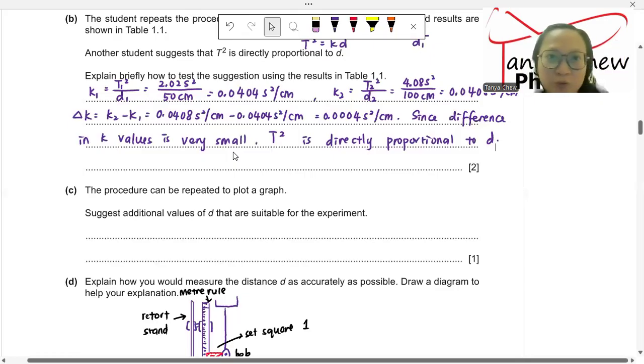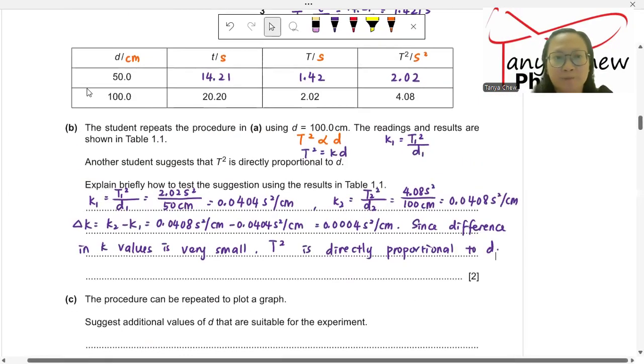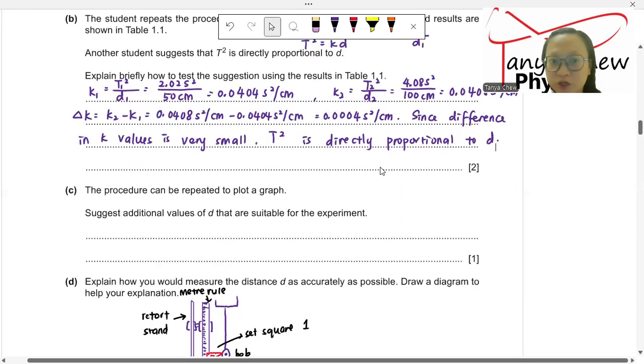The best is 6 readings to plot a nice best fit line or straight line graph. So I would suggest 6 values since the student has already done 2 experiments, 2 values here. I would suggest 4 more values.